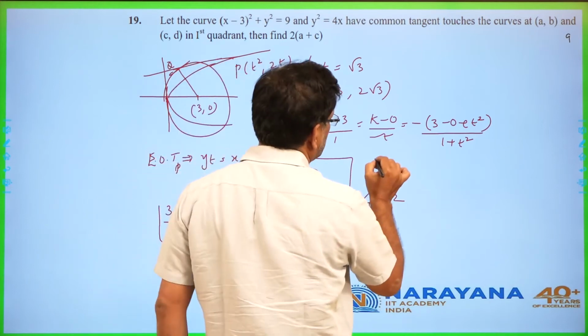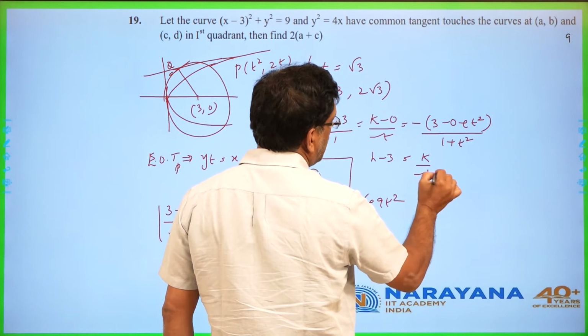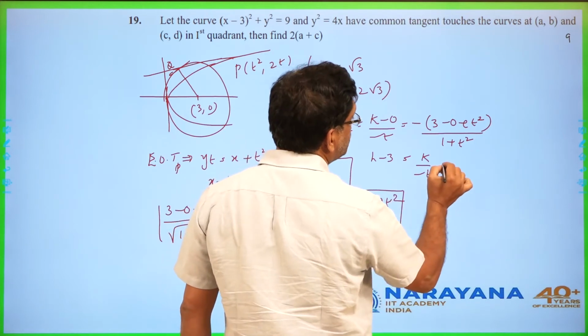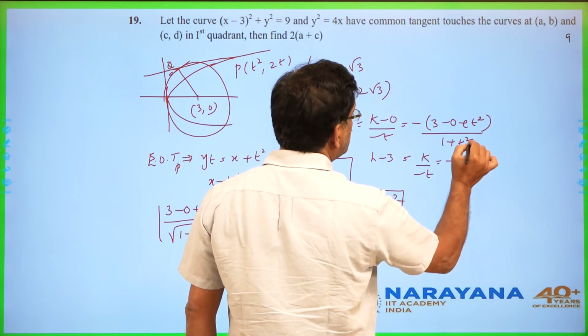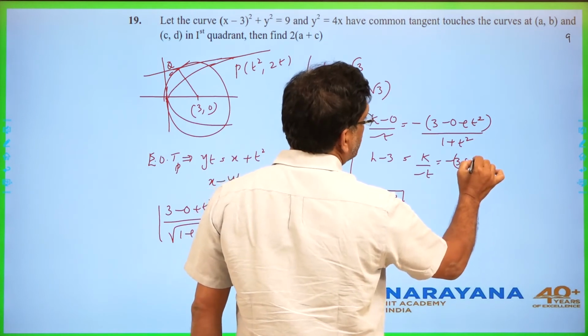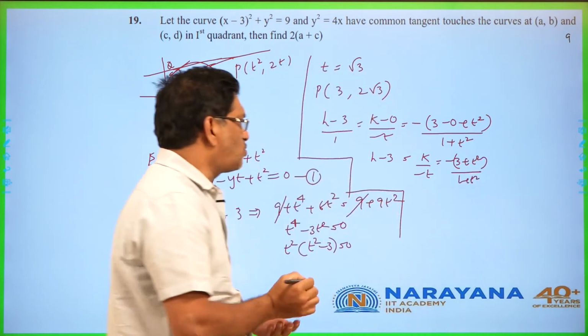Let us substitute it. h minus 3 equal to k minus 2 minus t equal to minus 3 plus t square by 1 plus t square.